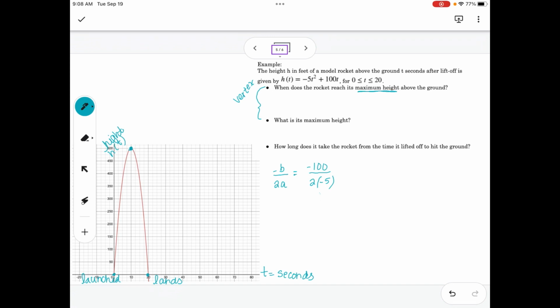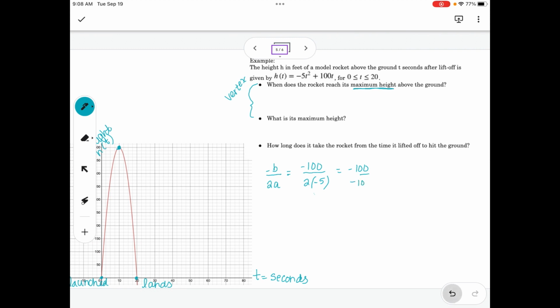We don't have a c, c is 0. And this gives us then -100 divided by -10, which is 10. Then we can do h of 10 to find the y value.